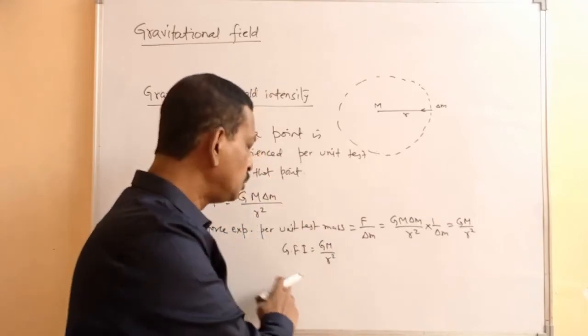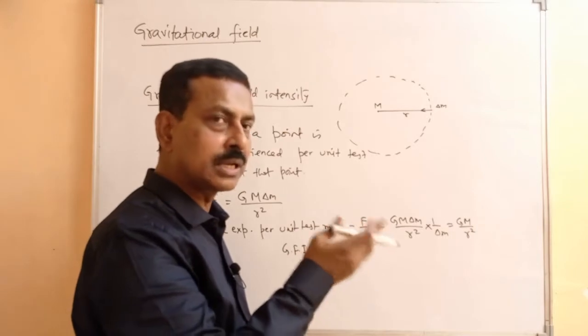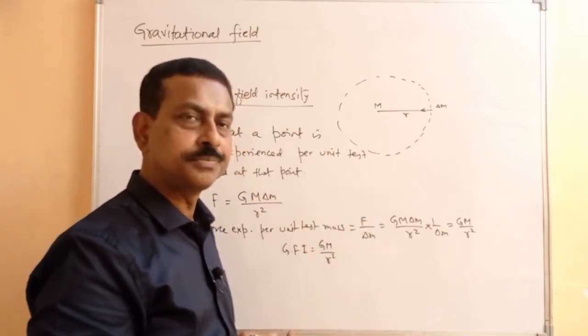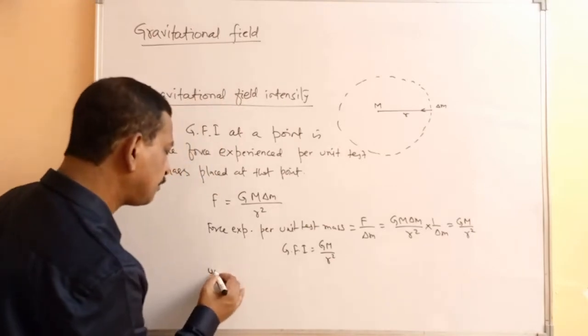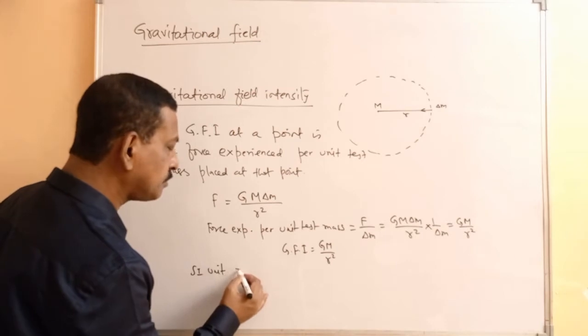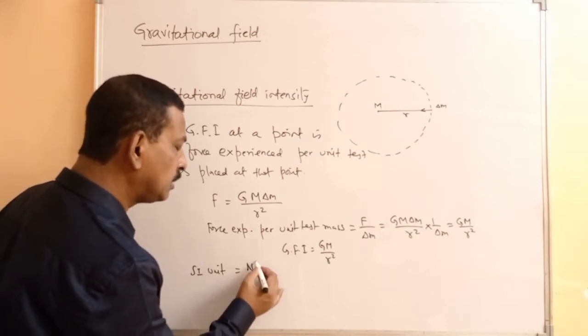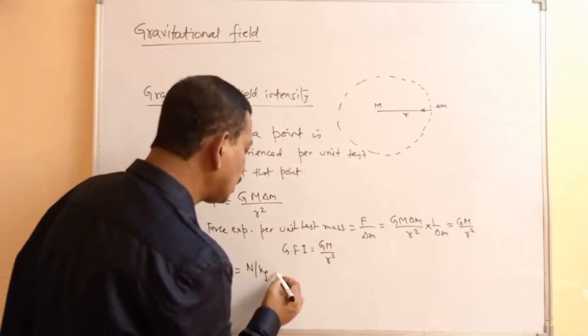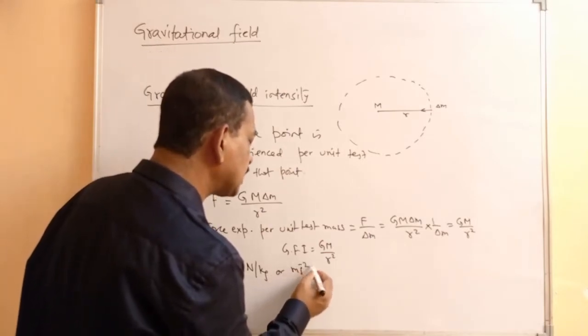So that is how you can correlate gravitational field intensity with acceleration due to gravity. And if you consider its SI unit, it is Newton per kg, force per unit test mass, or it may be meter per second square.